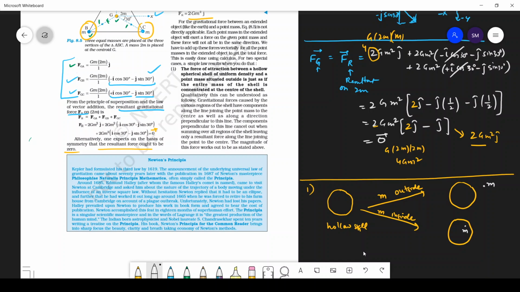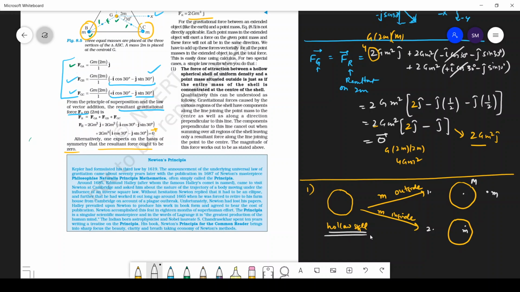So what if the mass is outside? This is the center, and it has mass M, this hollow spherical shell. So these are the two cases that we are going to discuss, between the extended body and the mass m.